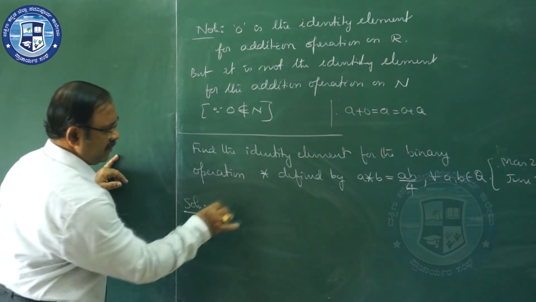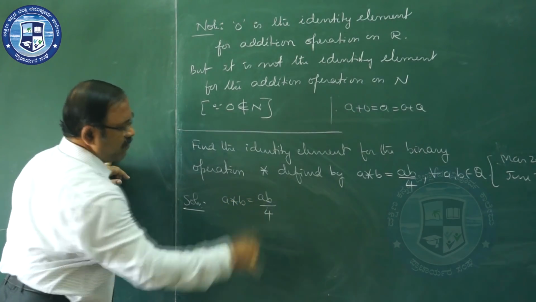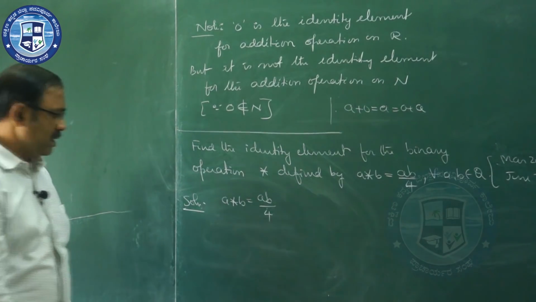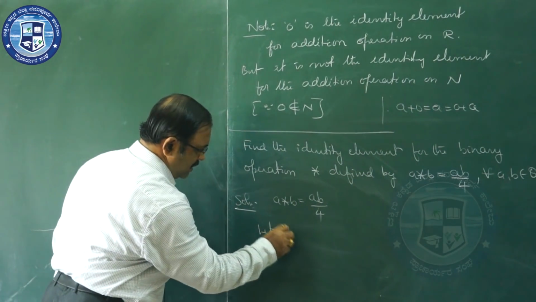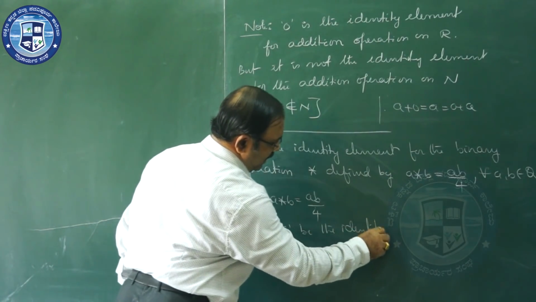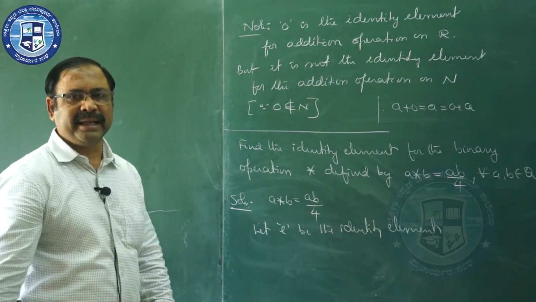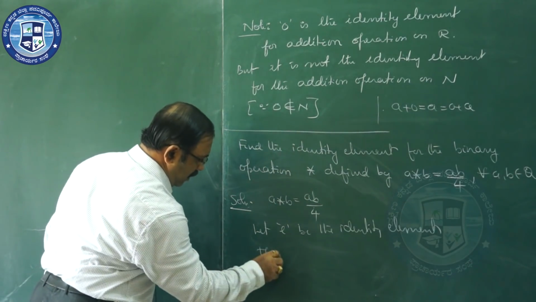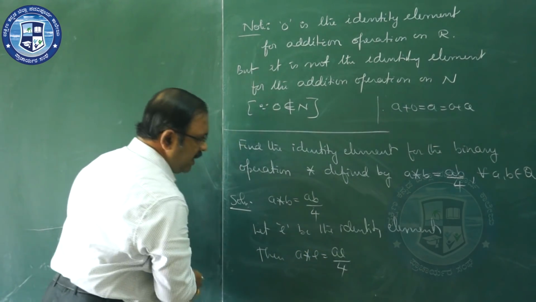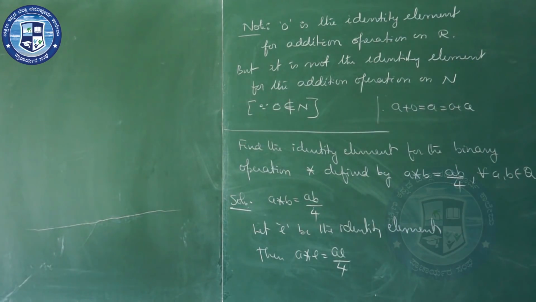See, let us write A star B equal to AB by 4. Now, let E be the identity element. You take E as the identity element. Then, what is A star E?